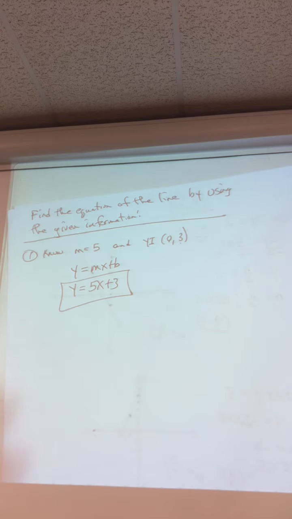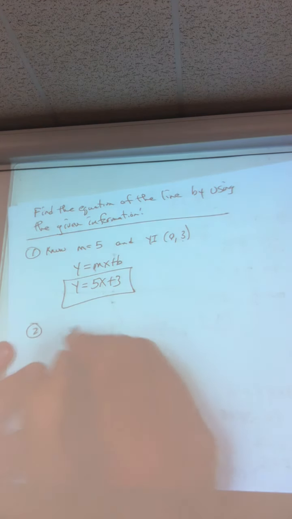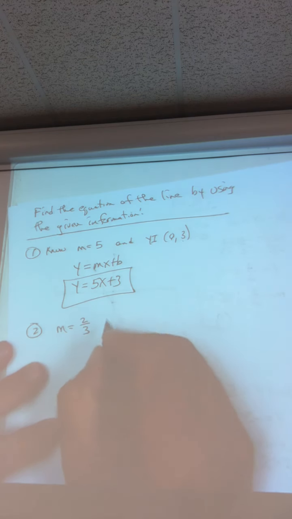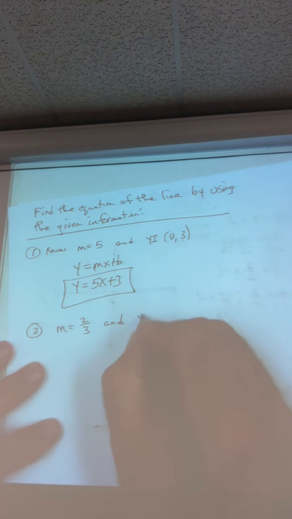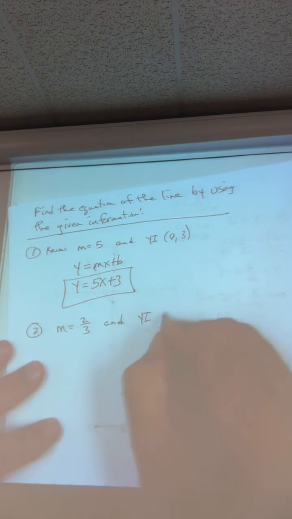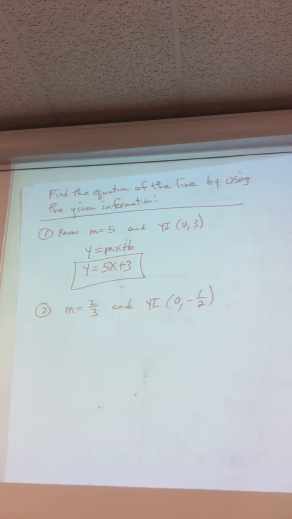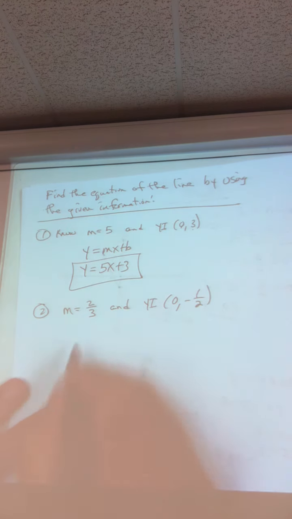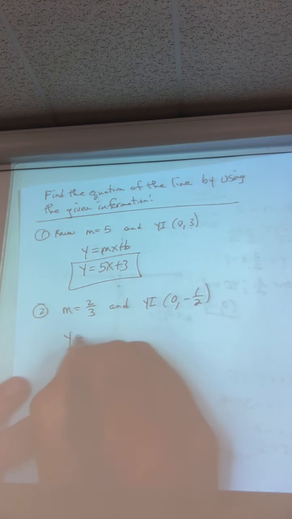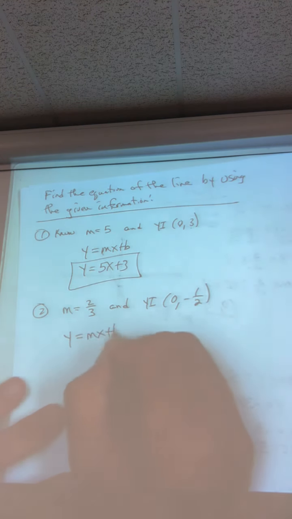All right, let's do another one, and again, that'll be enough. Suppose we know the slope is 2/3 and the y-intercept is (0, -1/2). Well, then this would be y equals mx plus b.